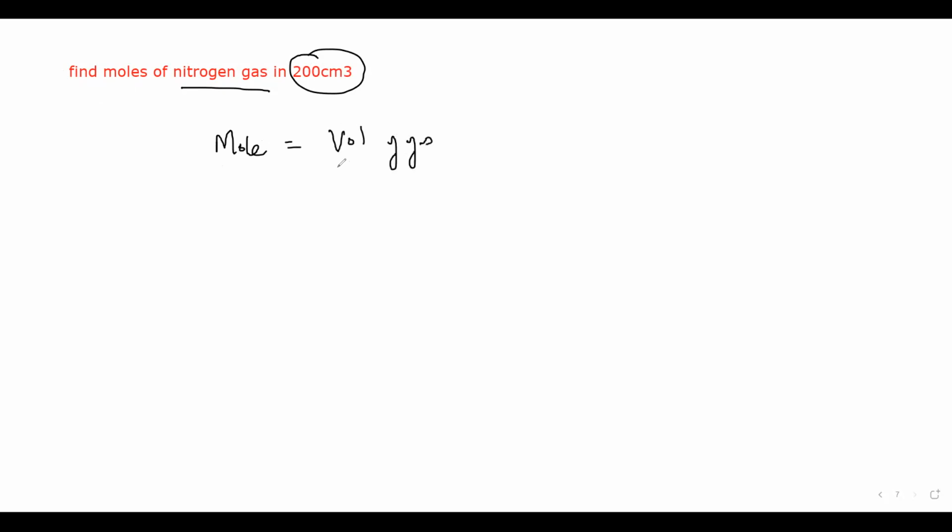Another example related to finding the moles of gas. So find moles of nitrogen, which is a gas, in 200 cm cube. Whenever we are finding the moles of a gas and the volume is given, the formula is moles equal volume of gas divided by 24. But volume of gas should be in dm cube.